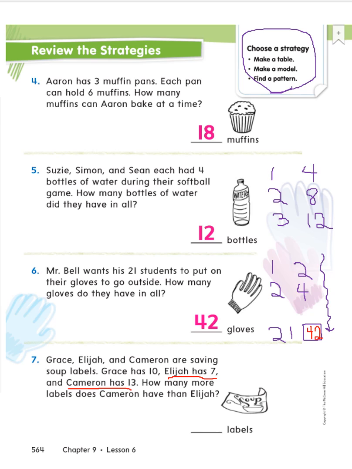And we want to know how many more Cameron has. Well, hopefully you realized you didn't even need to make a graph for this one. We just could do a subtraction problem. 13 minus 7, and that equals 6. Wonderful. All right, boys and girls, let's move on.